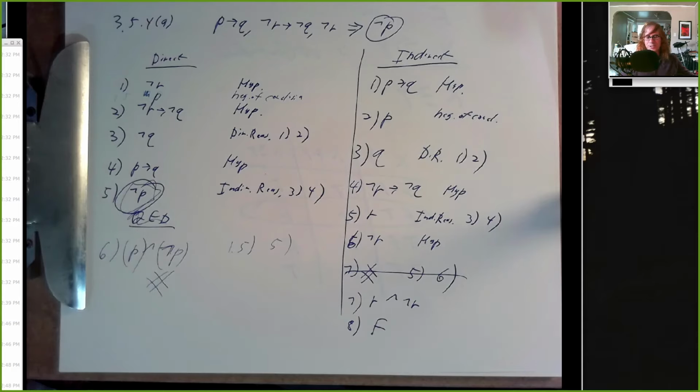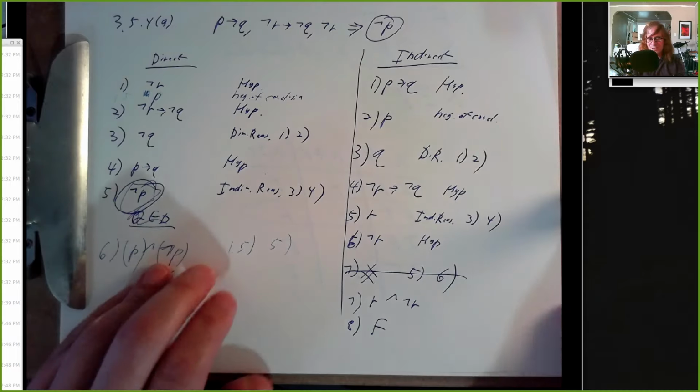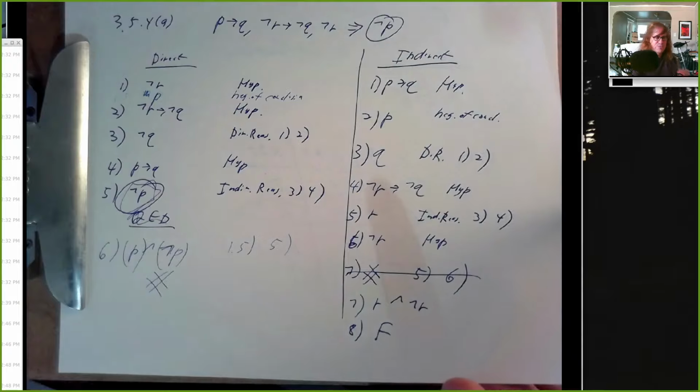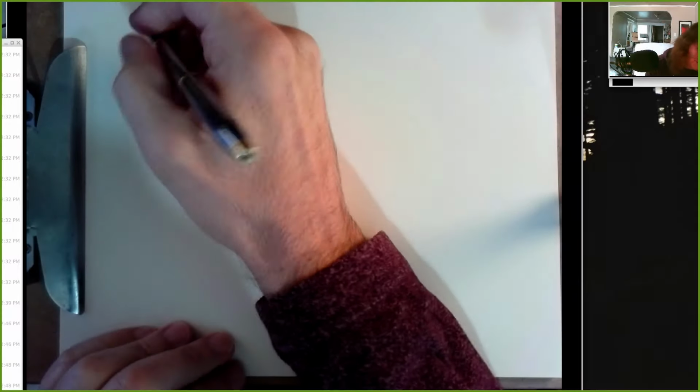There's certainly questions where I don't see how to do it with a direct proof, but I think it's a deeper question of are there cases where it's impossible to do a direct proof? I'm not sure. But let's see. Let me try one off the top of my head.